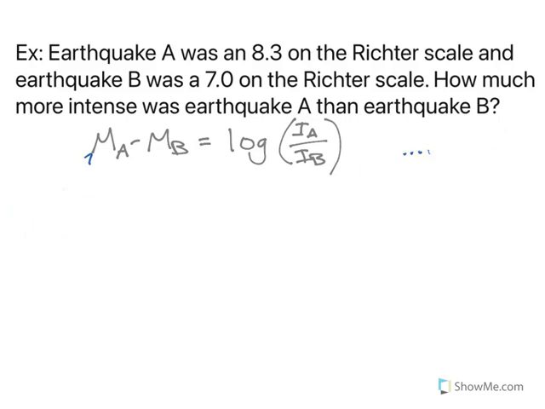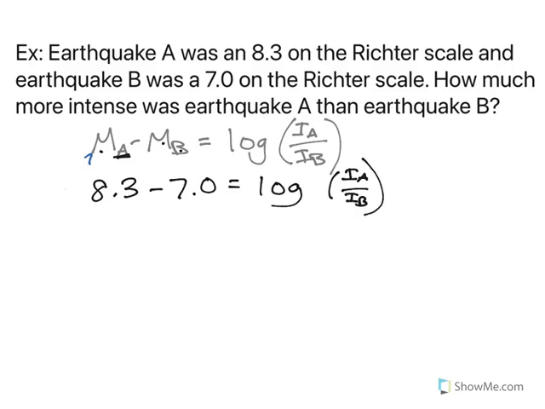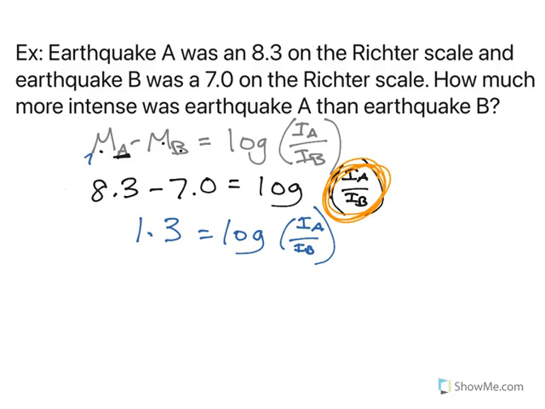So we are going to plug in our Richter scale numbers into those magnitudes. The magnitude for earthquake A was 8.3, and the magnitude for earthquake B was 7.0, and that equals the log of A over B. What we're trying to find, just to reemphasize, is this whole piece, the argument, because it's the intensity of earthquake A compared to that of earthquake B. So 8.3 minus 7 is 1.3, gives me the log of the intensity of A divided by the intensity of B. To solve a logarithmic equation, again, we have a common log, base 10.